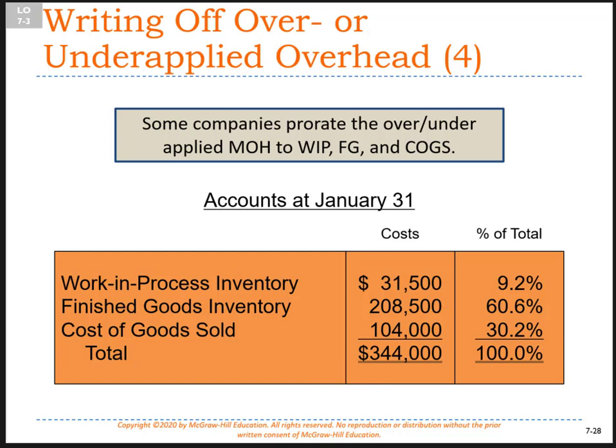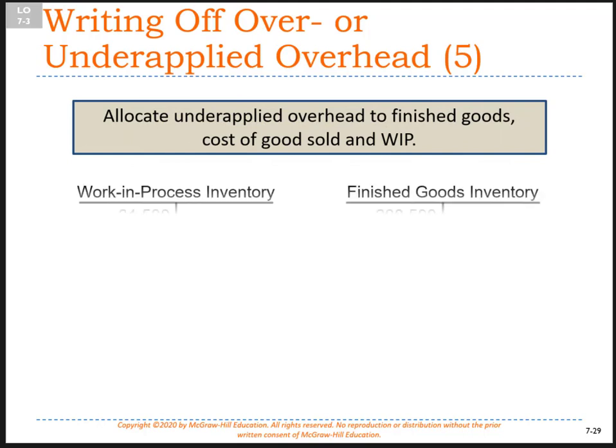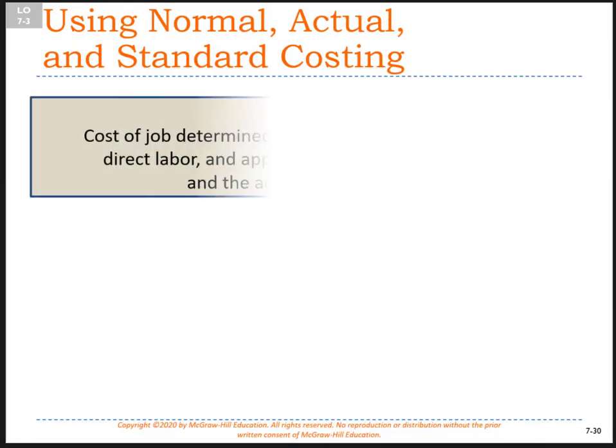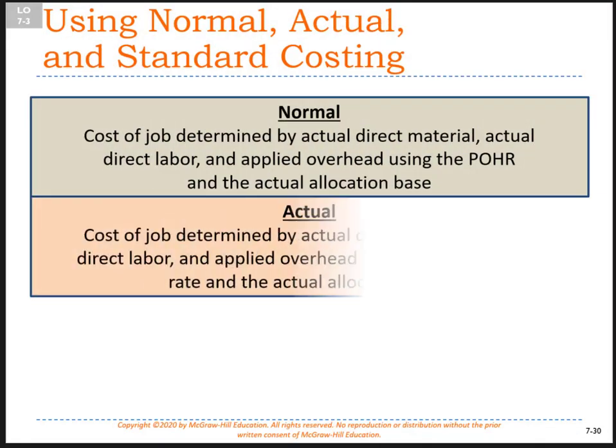So if you have more costs in finished goods inventory than in cost of goods sold or work in process, then you would put more of your over or under-applied overhead there, based on those percentages. And you see how that would work out here. All right, that's somewhat unusual.